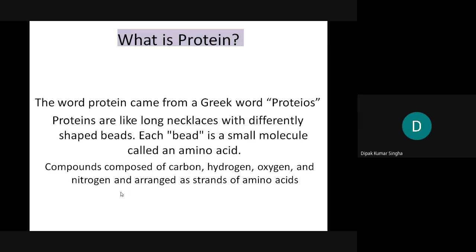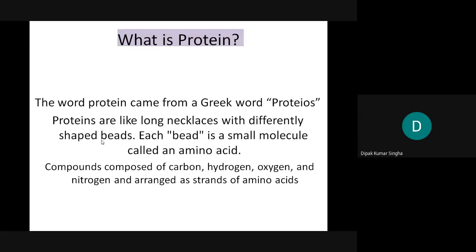A protein is like a necklace with differently shaped beads, and each bead is a small molecule known as an amino acid. Proteins contain carbon, hydrogen, oxygen along with nitrogen, and sometimes phosphorus or sulfur.